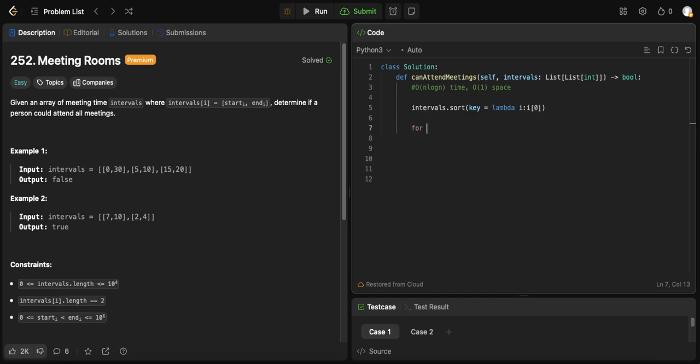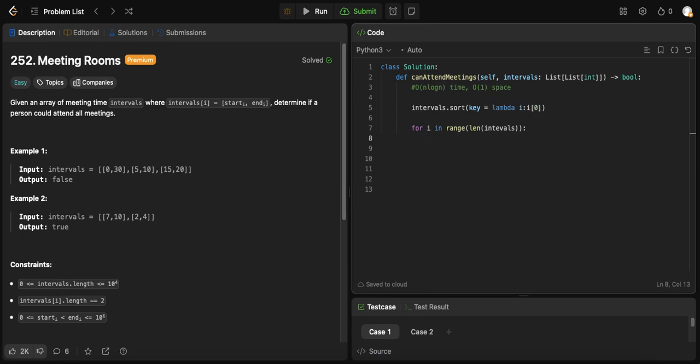Now we're going to go through our intervals array, which is now sorted. And what we want to do each time is check to make sure that each preceding interval does not end after the next interval begins. Because if it does end after the next interval begins, we have a conflict. And so we know that the person cannot reach both meetings, and we must return false.